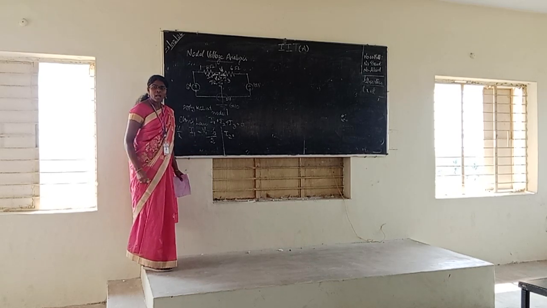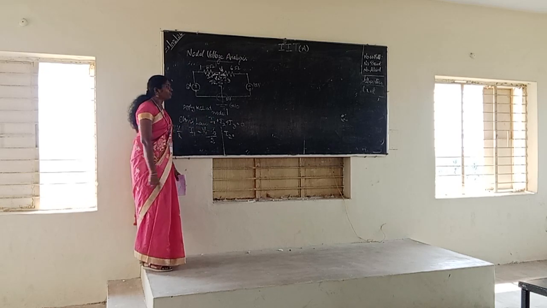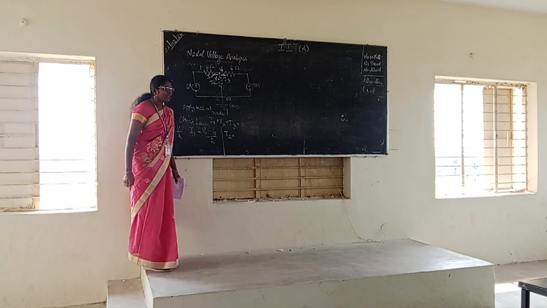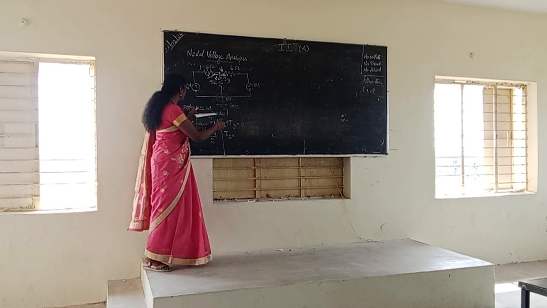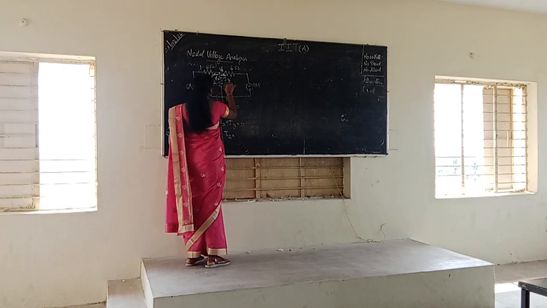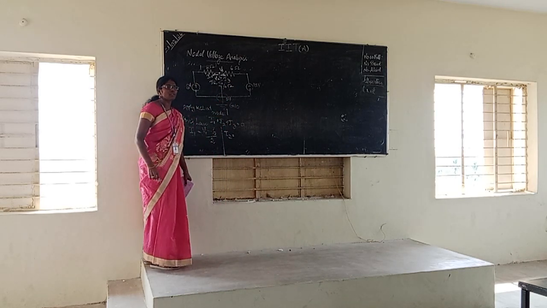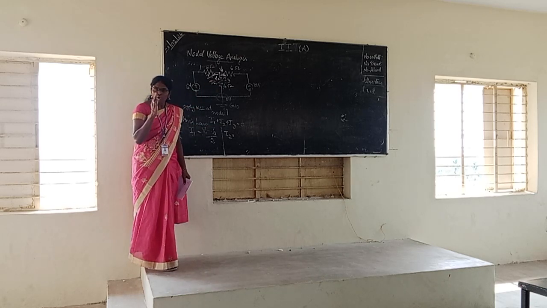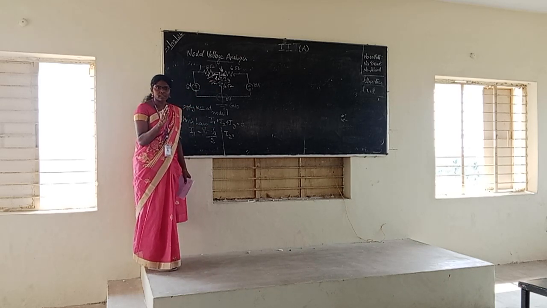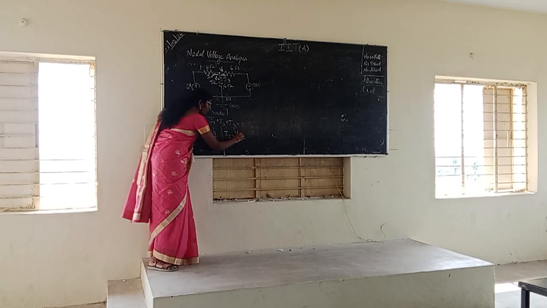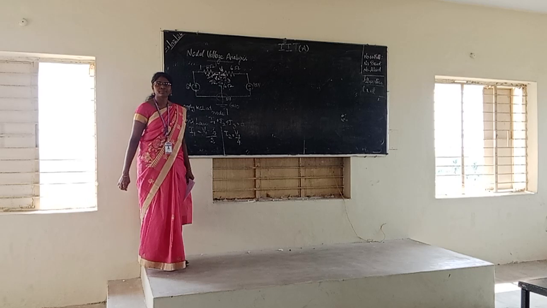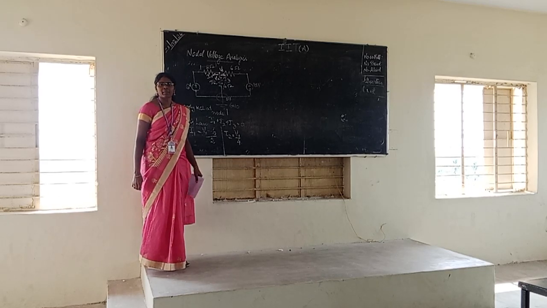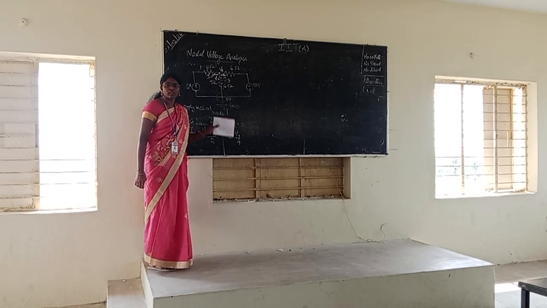Clear up to this? And next one is I2. I2 is the current flowing through the resistor of value 4 ohm. Here the voltage is connected to only the node, right? So I2 is equal to V1 by the value of the resistance 4. We don't need to subtract anything because the resistance is not connected to the source.